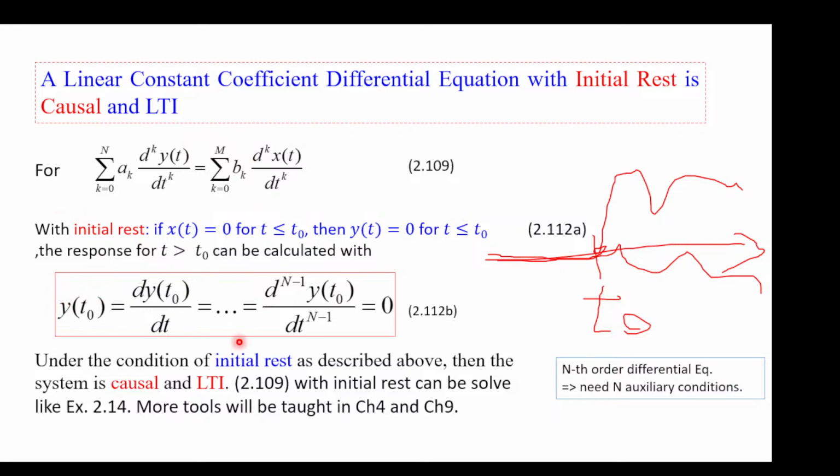That's why we have up to d^(n-1)y/dt^(n-1) here, because now we have basically n conditions, from k equal to 0 to k equal to n-1. So we have big N conditions here. All those y(t), dy/dt, d^2y/dt^2, all those derivatives are 0 at t0. So the initial rest plus smoothness tells us that y is a lot of 0 at t0.